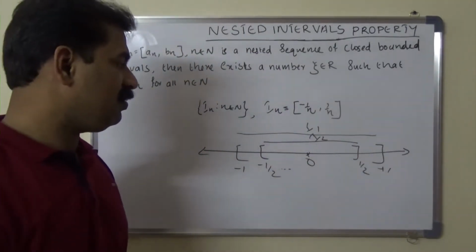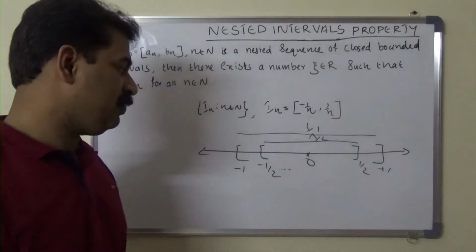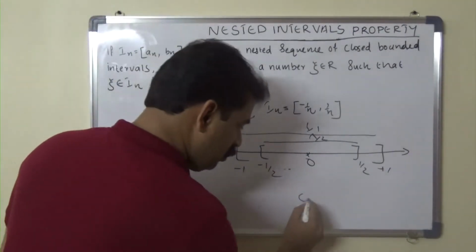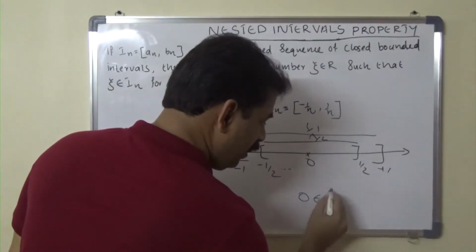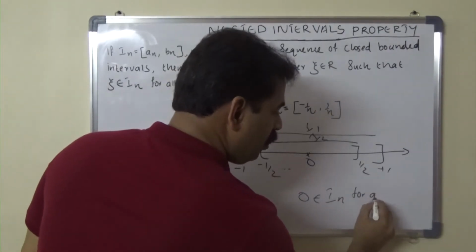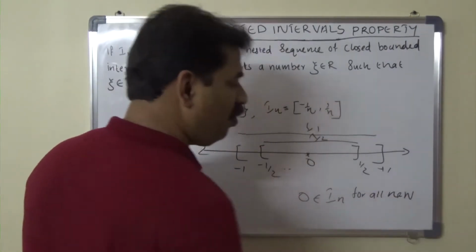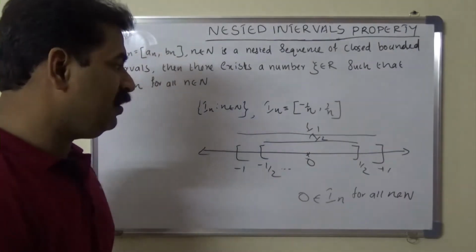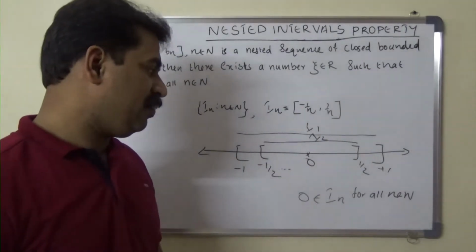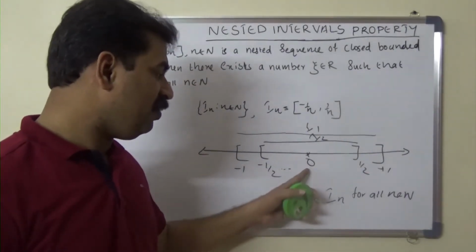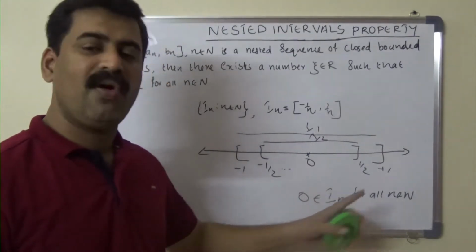Here we can say that 0 belongs to I_n for all n belongs to capital N. Clear? In this example, 0 belongs to I_n for all n.